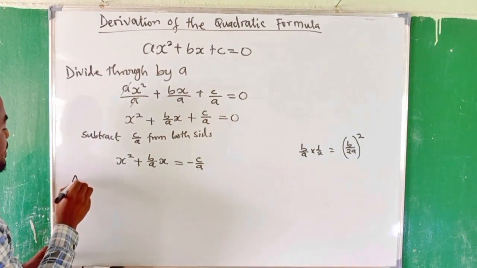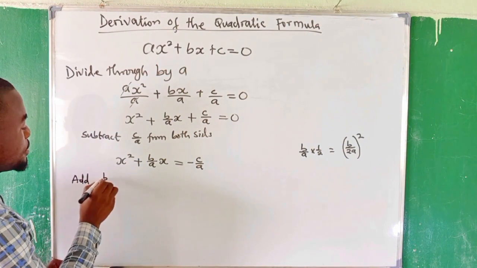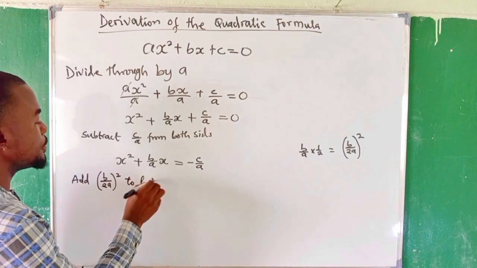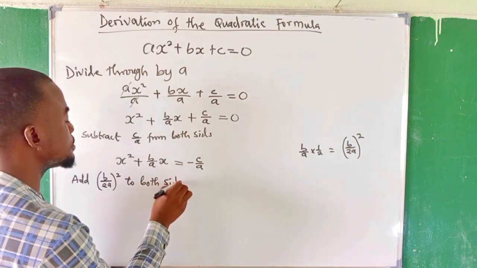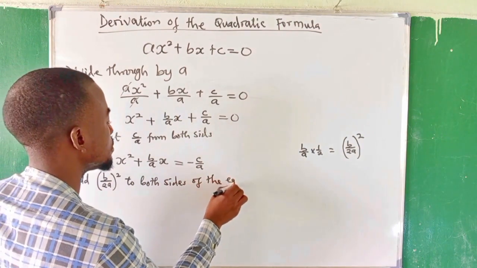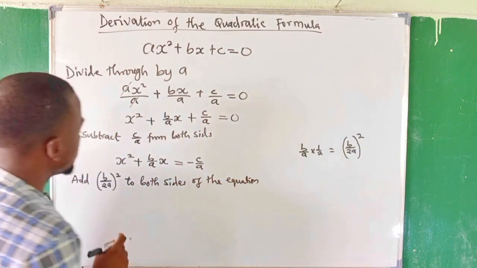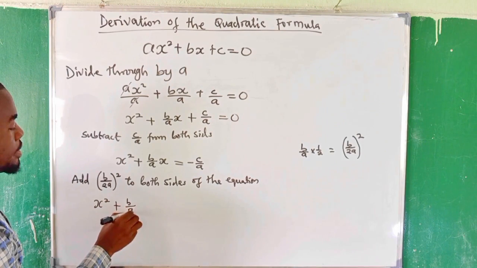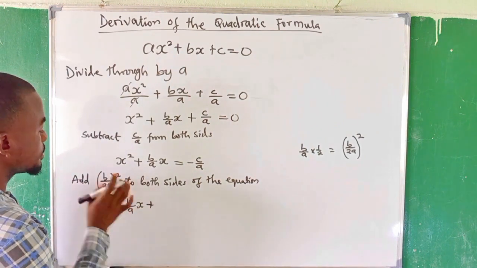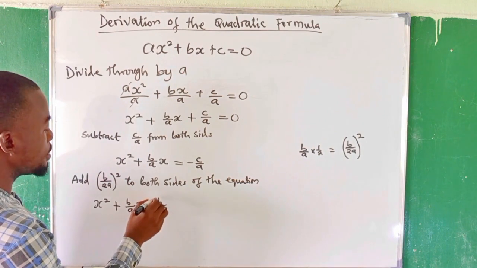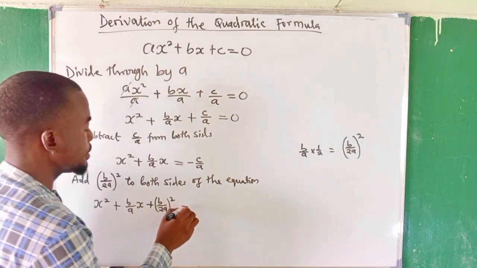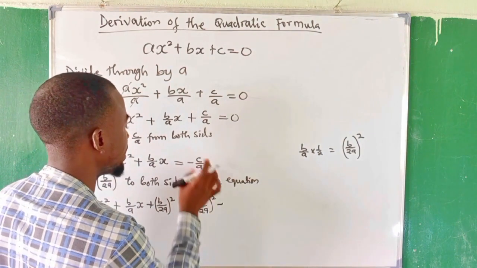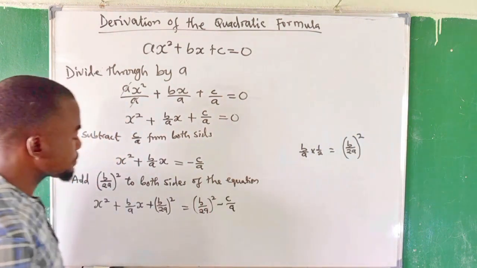So we now say add b all over 2a squared to both sides of the equation. And this gives us x squared plus b all over a x plus b all over 2a all squared is equals to, and we put b all over 2a squared first, and then we put minus c all over a.